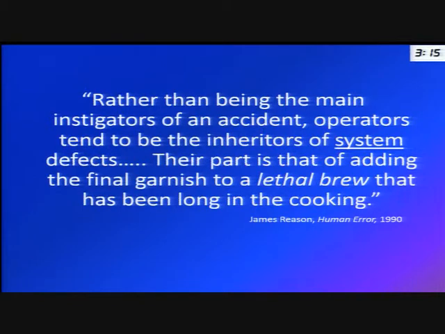One of the key ideas around patient safety comes from a great researcher from the UK, James Reason, a psychologist who was the first to write systematically about human error. He wrote in a famous book, Human Error, 20 years ago, that rather than being the main instigators of an accident, operators, professionals, tend to be the inheritors of system defects.